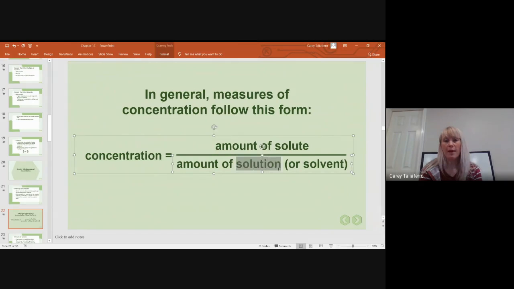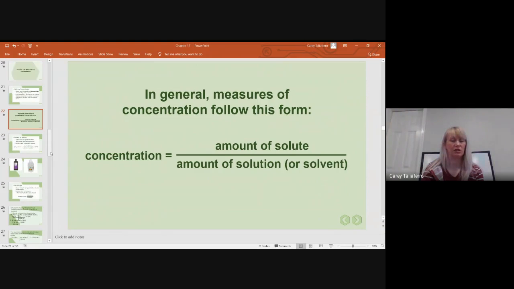If you're talking about the amount of solution, that's taking into account both the solute and the solvent all mixed together to give a certain total volume. If you're just talking about the solvent, then that excludes the solute in your calculation with your division. So there is a slight difference, and we'll look at some of those calculations that will become clearer.